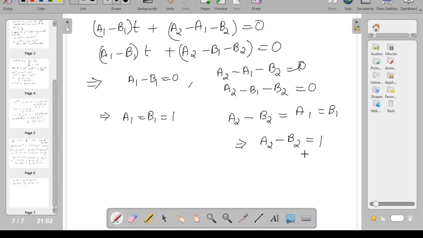Now we can choose a2 and b2 such that the difference is 1. So I can take a2 equal to 1 and b2 equal to 0.